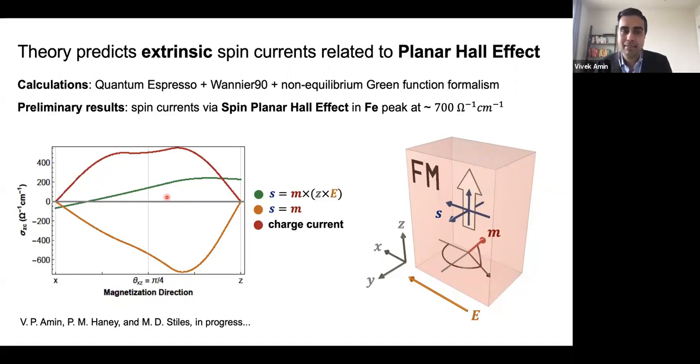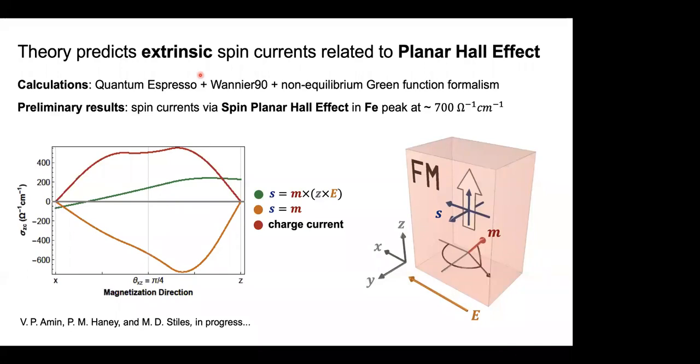That's something that certainly could be done, especially if you're talking about these extrinsic currents related to the planar Hall effect. Right now, I've just looked at bulk calculations. So I have not analyzed the types of torques that they can exert, and certainly not coupled it to magnetization dynamics, which is another layer in which you have to couple to the LLG equation. So that's something that potentially can be done, but not something I've looked at. Okay, thank you very much.